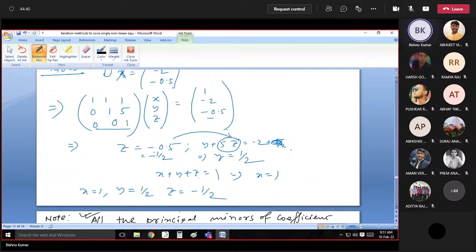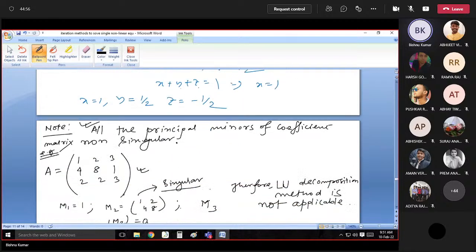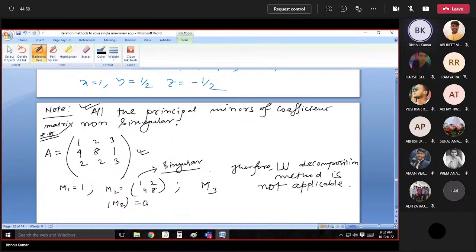And for the elimination methods, what is the condition I told you? For Gauss elimination and Gauss-Jacobi, the corresponding variable coefficient in each equation should not be 0. In the first equation, the first variable coefficient should not be 0. In this case also it is applicable, because M1 should not be 0. If M1 becomes 0, the first minor becomes singular, so we cannot use the LU decomposition method. That logic applies here also.